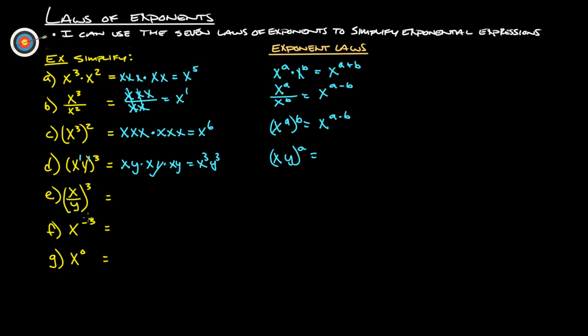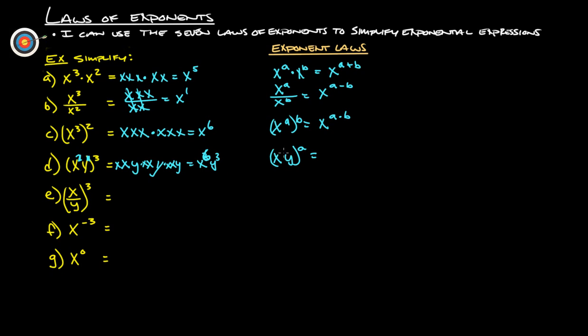I'm going to change this a little bit to make this hopefully make a little more sense. Let's say this is x squared times y to the 1st, all to the 3rd power. So that's going to be xx there, xx there, and xx there. So that would be 2, 4, 6, x to the 6th, and then y to the 3rd. So just so you know, we're doing 3 times 2 and 3 times 1.